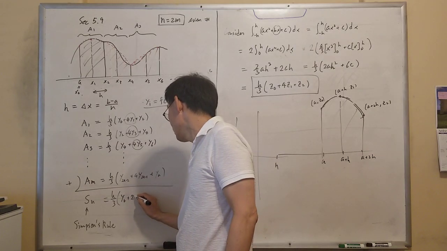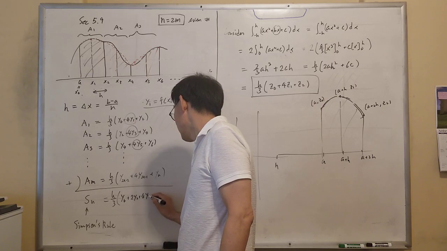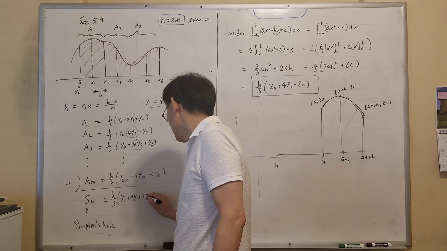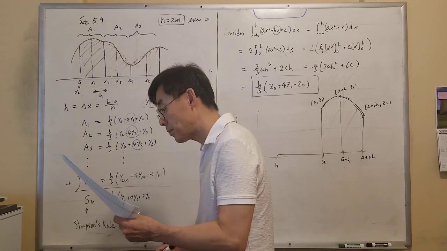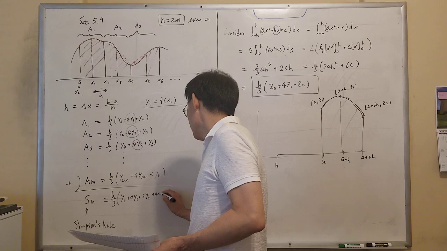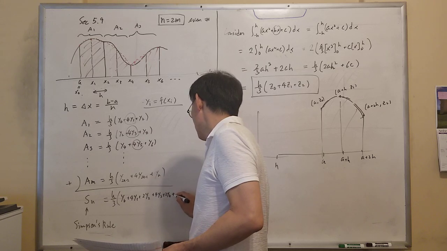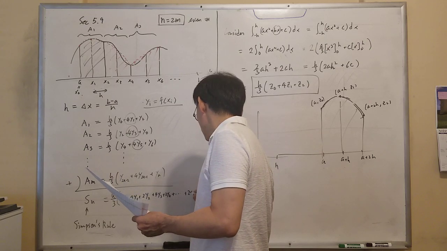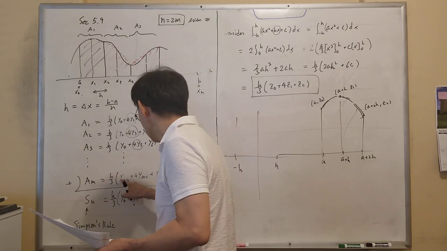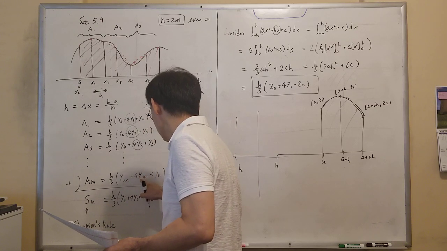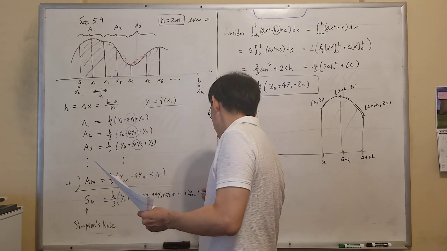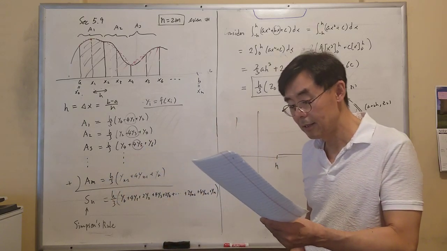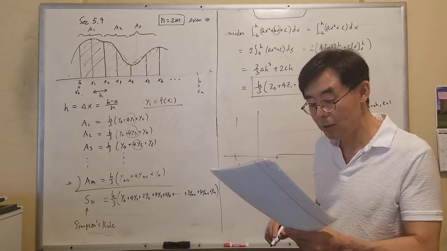So y0, 4y1, 2y2, 4y3, 2y4, all the way to 2yn minus 2, 4yn minus 1, plus yn. That will be the result. This is what we call Simpson's rule.